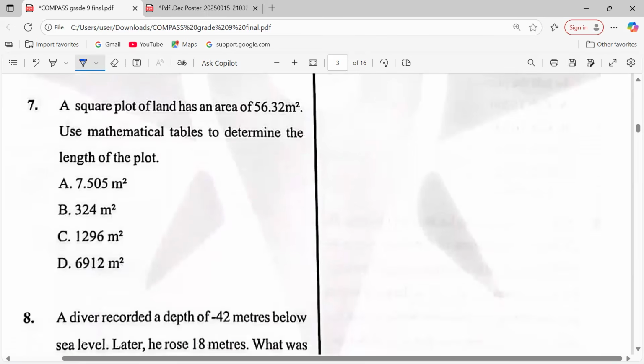At number 7, a square plot of land has area 56.32. Use mathematical tables to determine the length of the plot. So in this case, you shall allow me to apply the 4-figure tables. Let me check whether we can find one.